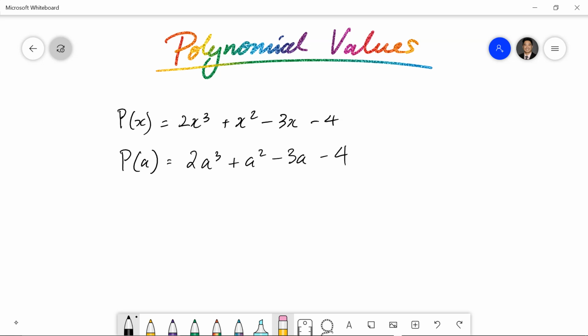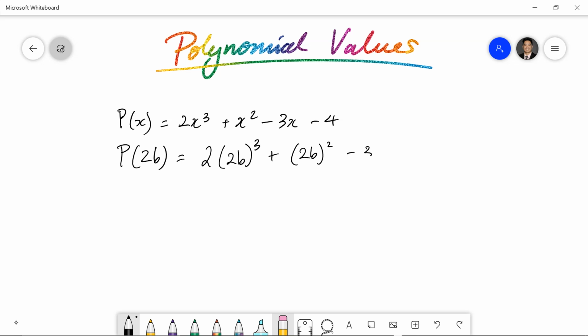There's no numbers. But if we had something like p of 2b, then we're going to do the same thing. So 2 times 2b cubed plus 2b squared minus 3 times 2b minus 4.